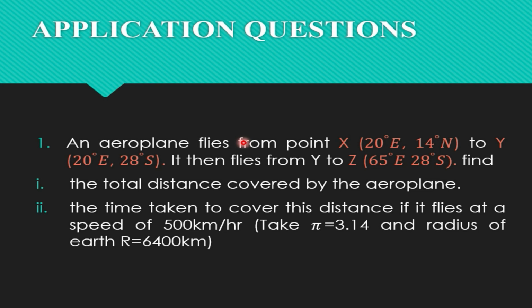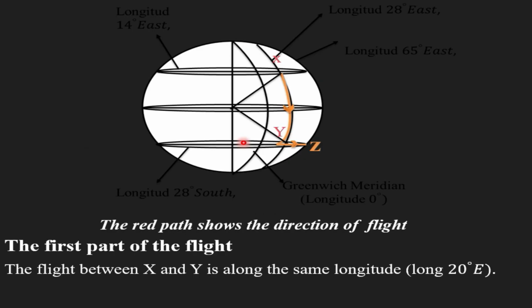We should find the distance covered by the aeroplane, and then the time taken to cover this distance if it flies at a speed of 500 kilometers per hour, and we take pi to be 3.14. The radius of Earth is 6,400 kilometers.